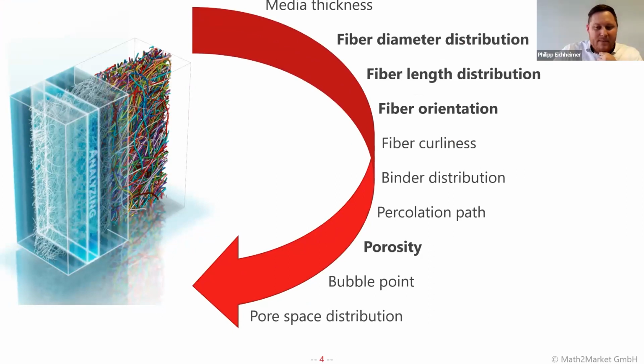To generate the fiber's digital twin, the parameters highlighted here are the most important in my opinion, because they provide the input parameters for FiberGeo, which is our structure generator. And by knowing these parameters, we can generate a digital twin.